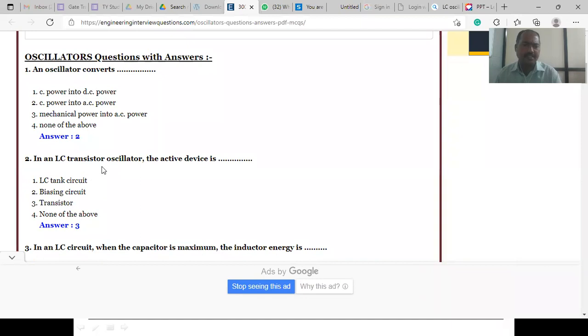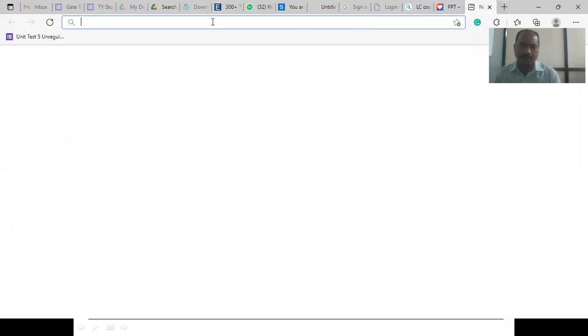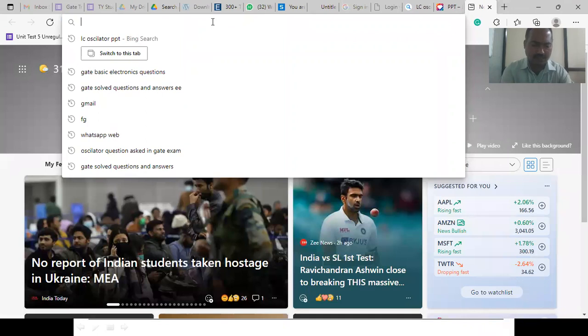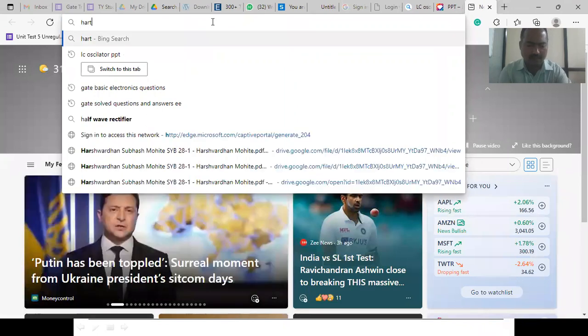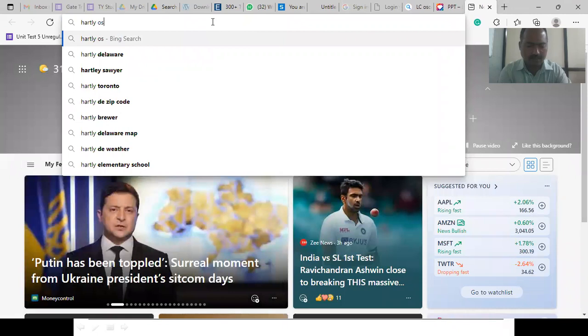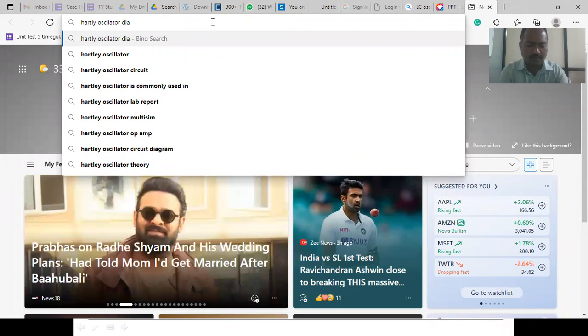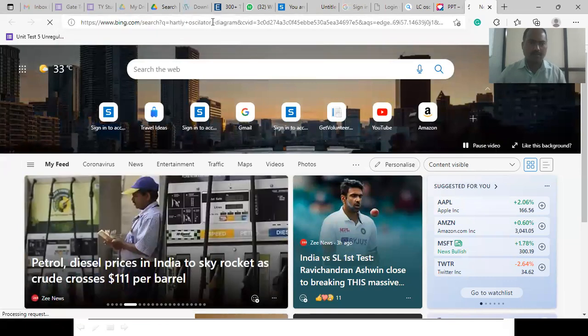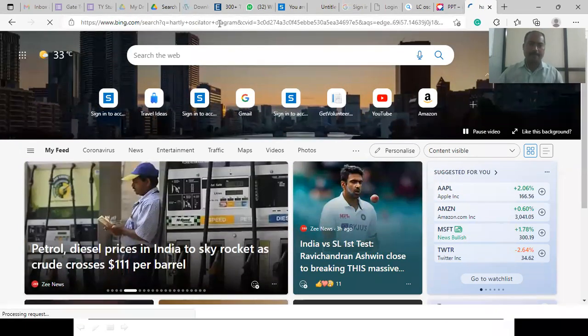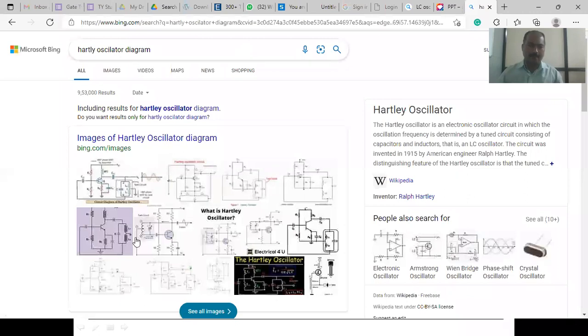In an LC transistor oscillator, the active devices. Now see, I am going to give you the diagram of the Hartley oscillator. This is the diagram of your Hartley oscillator.